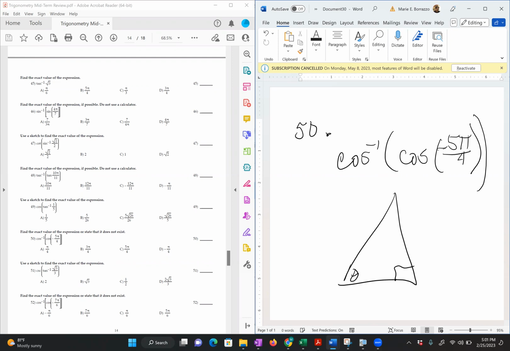Cosine of some sort of theta would be adjacent, so this would be some sort of negative 5 pi, and this would be over hypotenuse. So the answer choice for this one should end up being some sort of 3 pi over 4 for the cosine inverse. I'm going to go with answer choice B on this one. Remember 3, 4, 5, Pythagorean ratio.